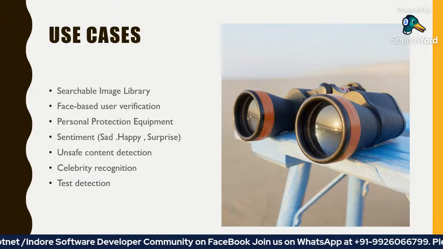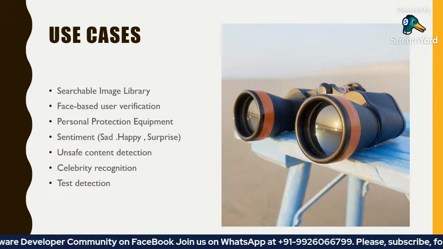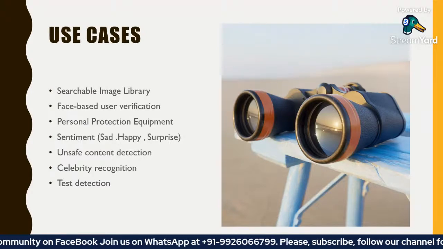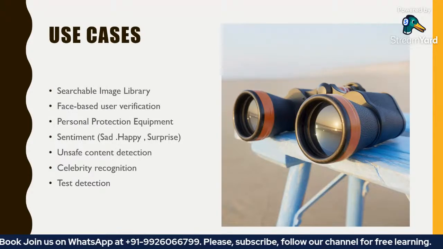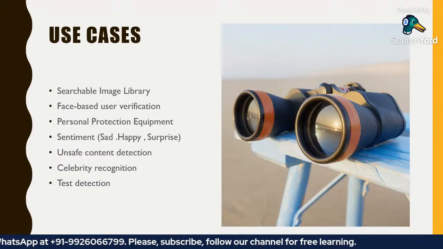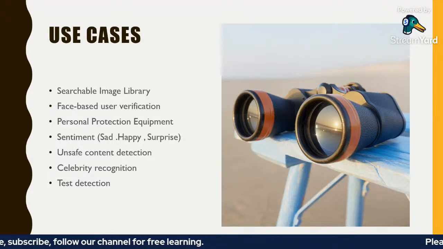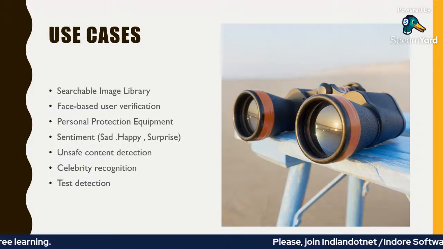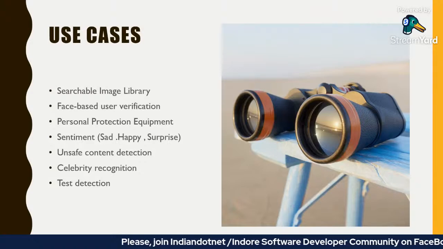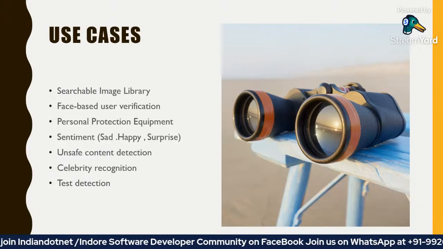Then personal protective equipment detection is another thing with which you can protect your things. Okay, so this is again one of the good examples. Then sentiment analysis: when you upload any image, it will say whether the face is sad or happy or surprised.